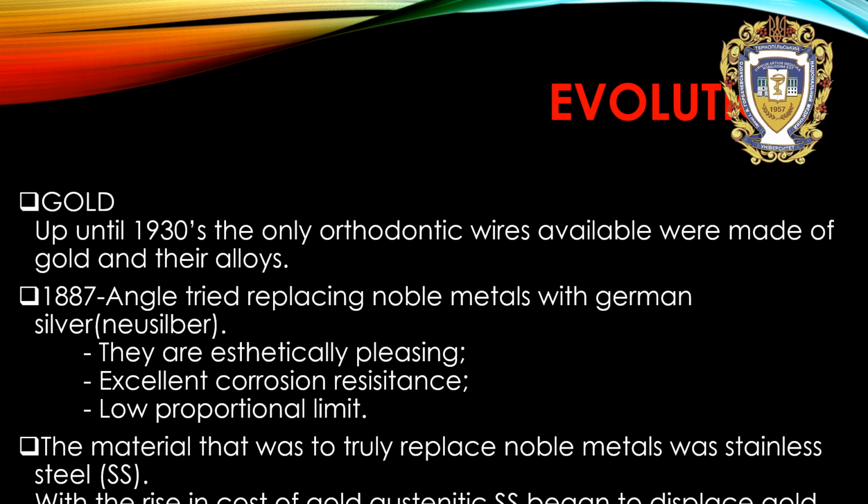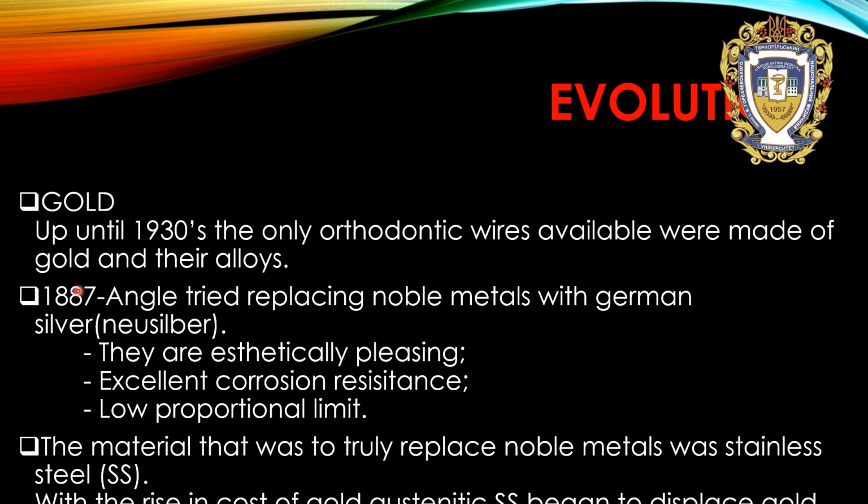Let's begin from gold. Up until the 1930s, the only orthodontic wires available were made of gold and their alloys.